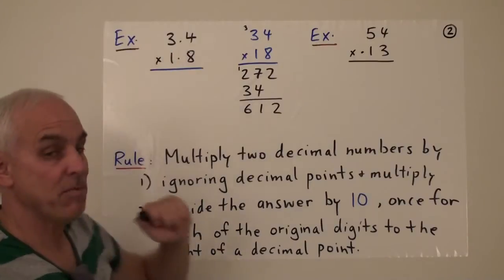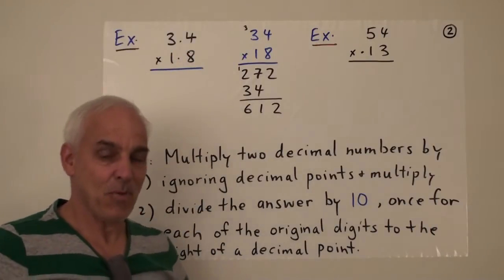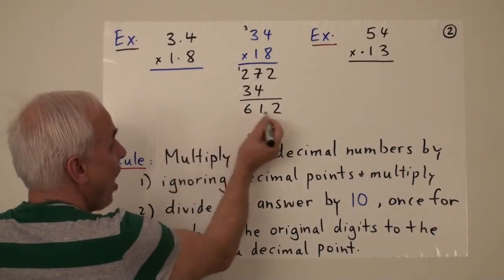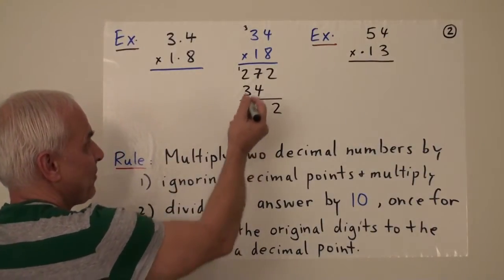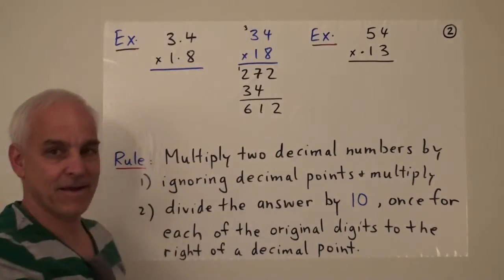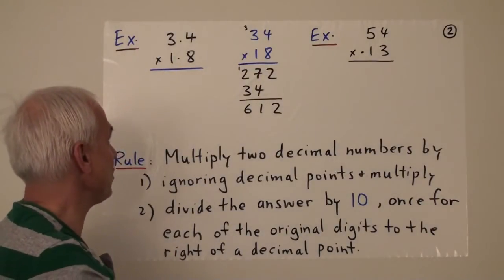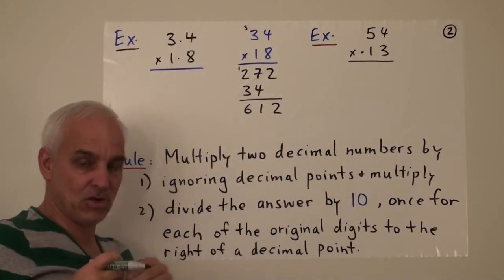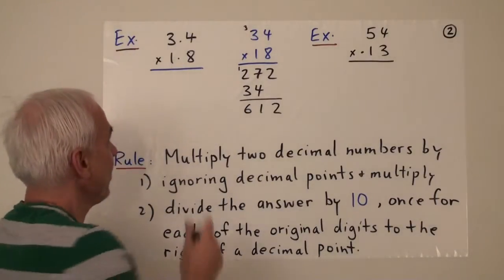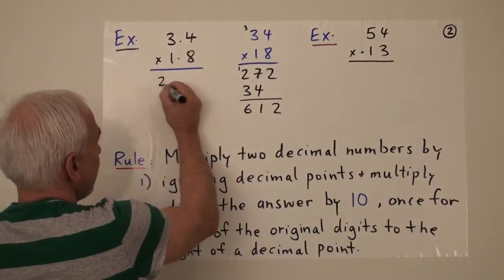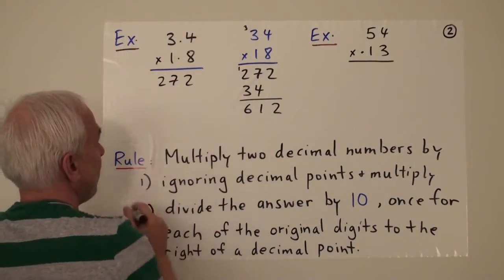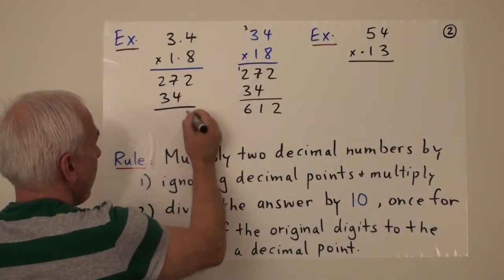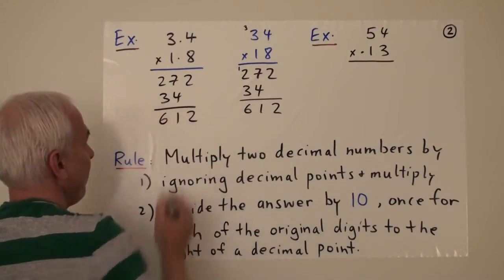So when we're multiplying 3.4 times 1.8, we're going to do essentially the same thing. But we're going to have to compensate for the fact that we're doing a different situation where the numbers are related to these ones by multiplying by certain numbers of tens. The same thing: 8 times 34 would be 272, 1 times 34 would be 34, and over here 216 as before.